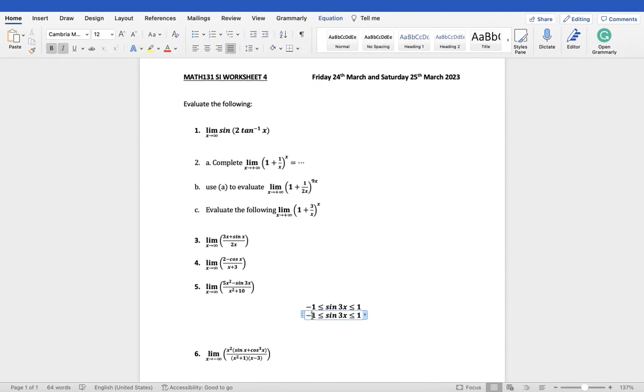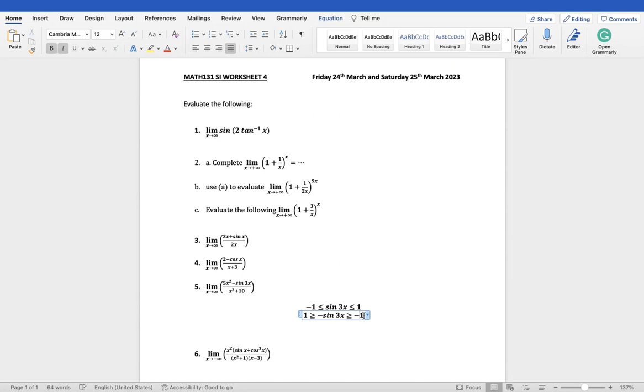So when you multiply by -1, the -1 here becomes 1, then less than or equal to becomes greater than or equal to, and the sine becomes minus sine 3x. And the other side also becomes greater than or equal to -1 now.